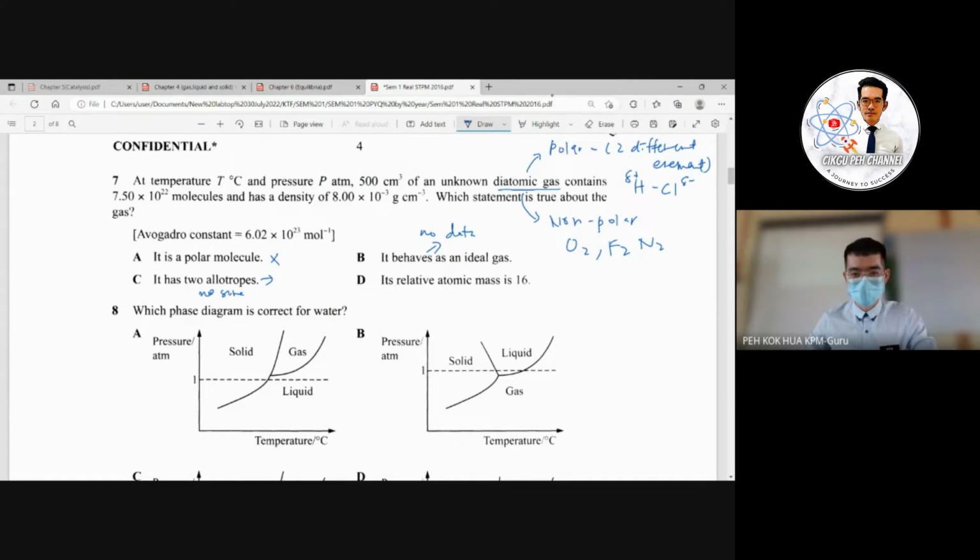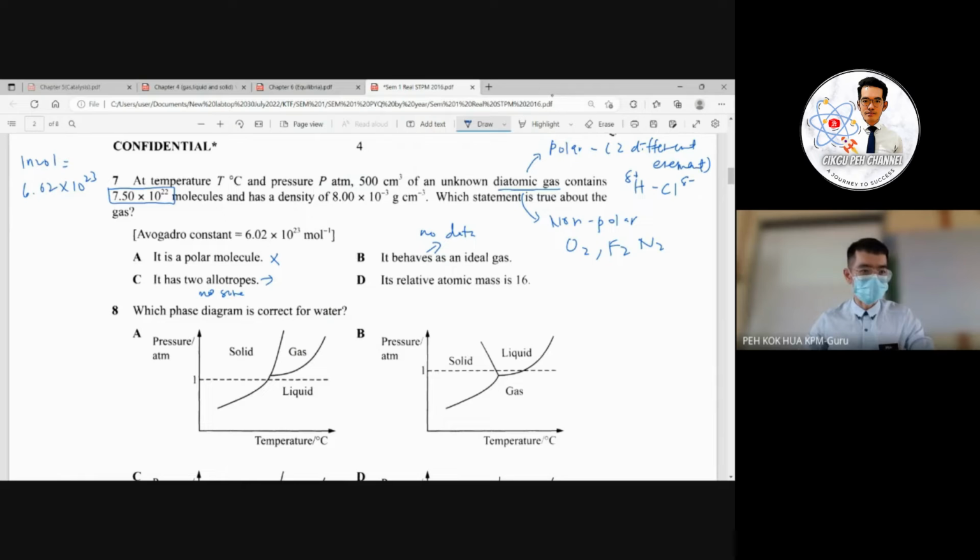We have to calculate the atomic mass. Okay, so here you can see the question gives us the number of molecules, 7.5 times 10 power 22. As we know, one mole has 6.02 times 10 power 23 molecules.